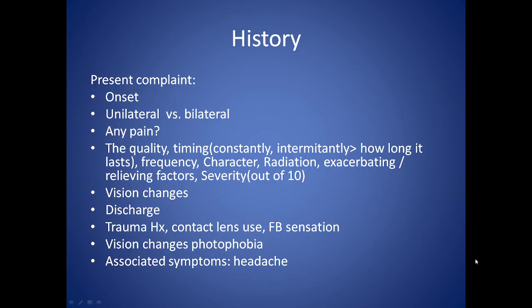Ask further questions about the pain: the quality of pain, timing, if it's constant or intermittent, how long it lasts if it's intermittent, the frequency of the pain, the character of the pain, if there is any radiation, if there is any factor that relieves the pain, if there is anything that makes it worse, and ask about the severity of pain on a scale of 1 to 10.